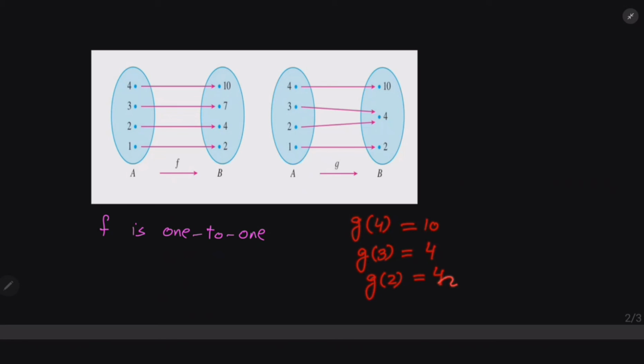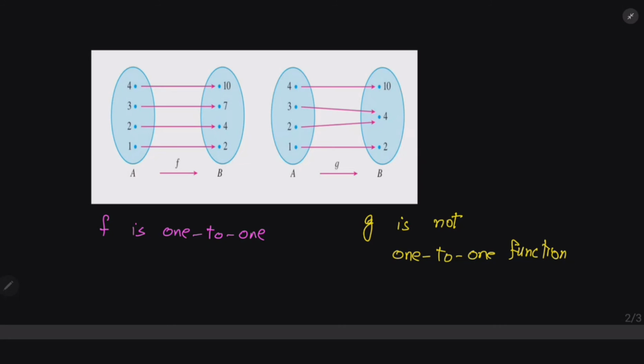So it means that for two distinct inputs, 3 is not equal to 2, we get the same range value. So it means that g is not a one-to-one function.